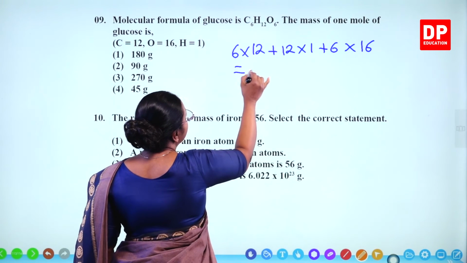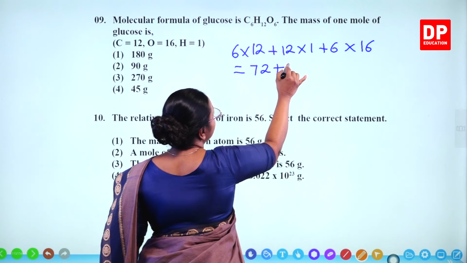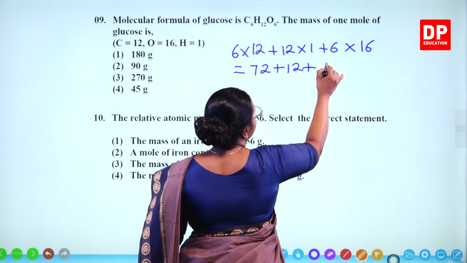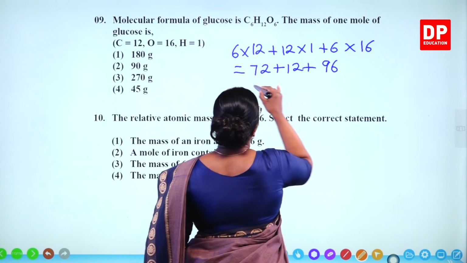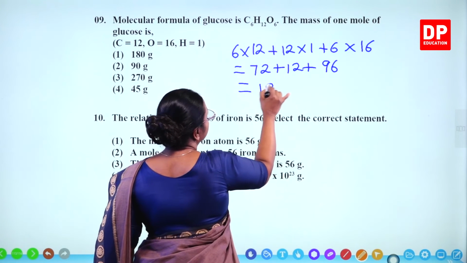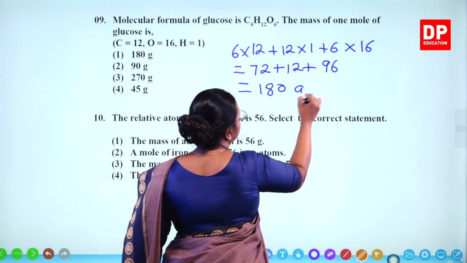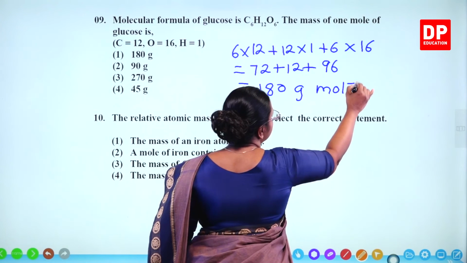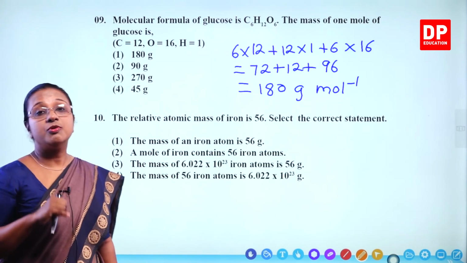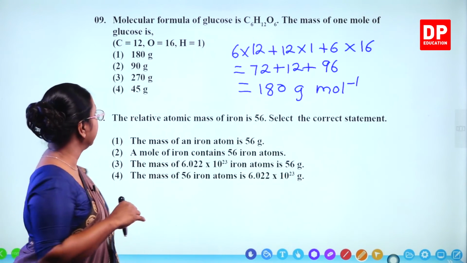So, what is the value? This is 72 plus 12 plus 96, and that will be equal to 180 grams per mole. So, the mass of 1 mole of glucose is 180 grams.